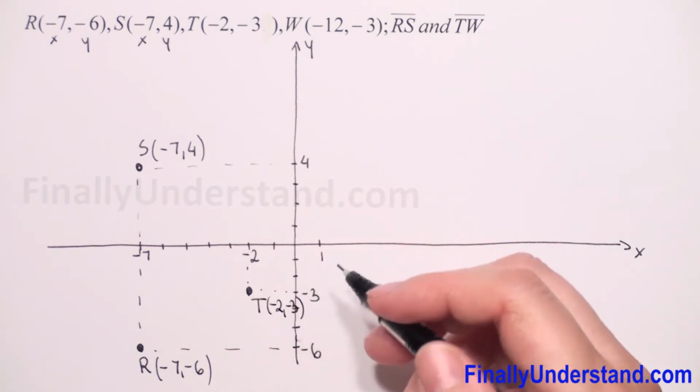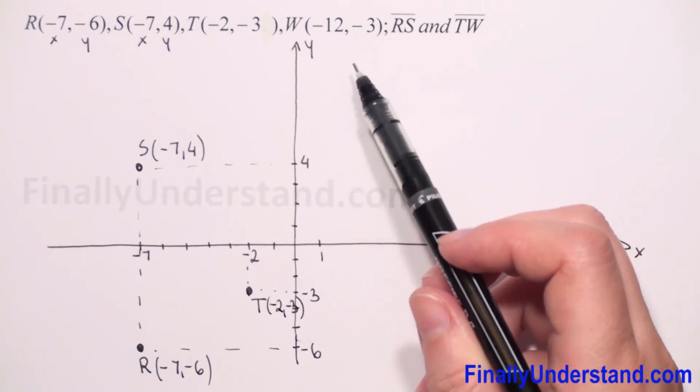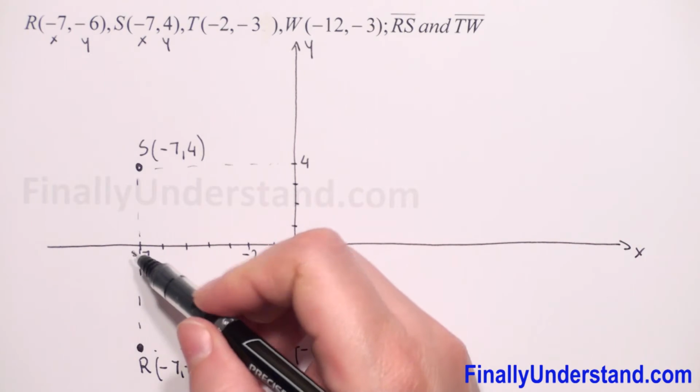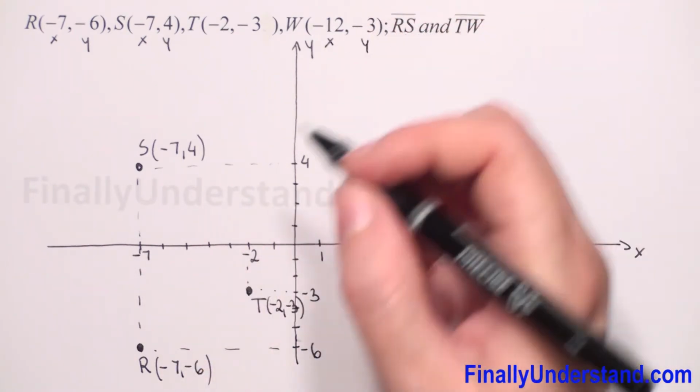-2, -3, and next we have -12, -3. So X is -12 and Y is -3.